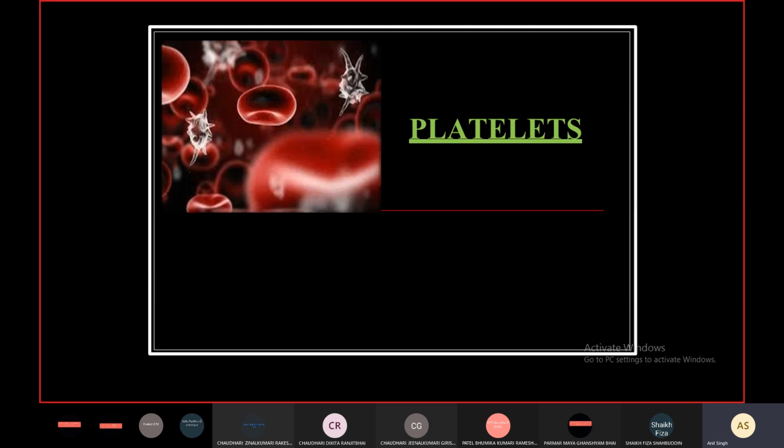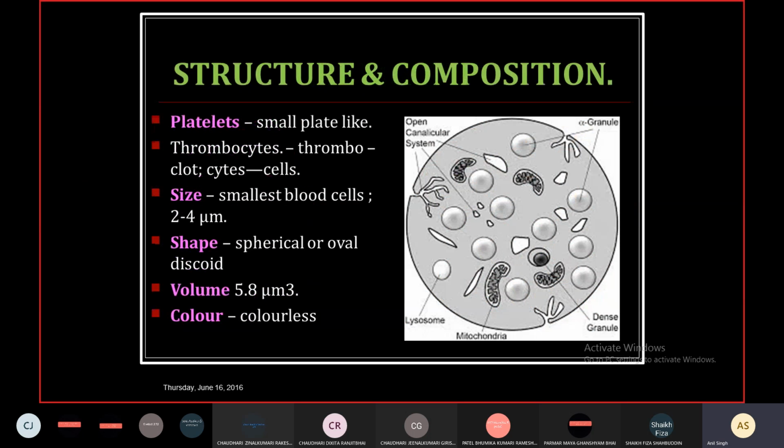Platelets are small plate-like structures. As the name suggests, they are platelets, plate-like structures. They are also very small cells. We can say they are the smallest of the formed elements.